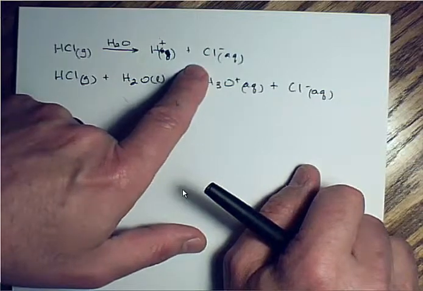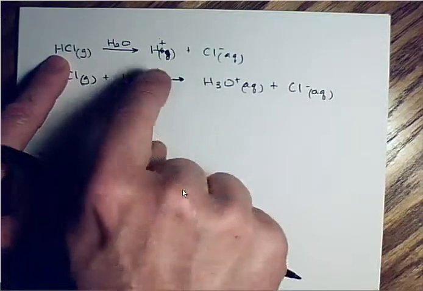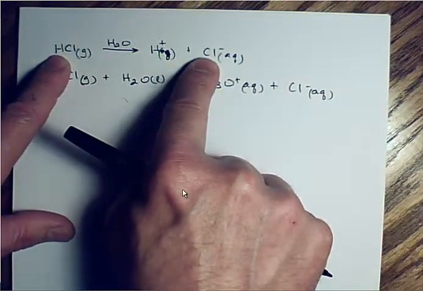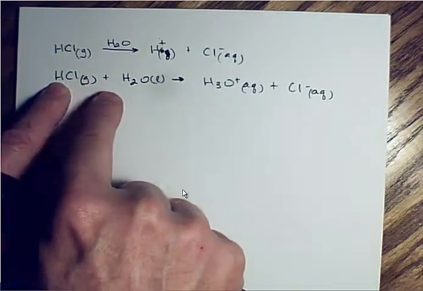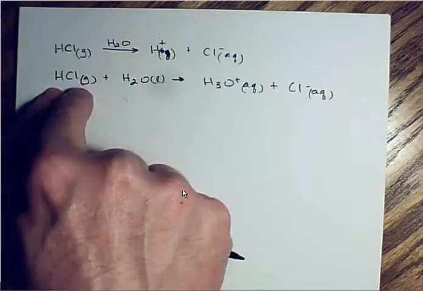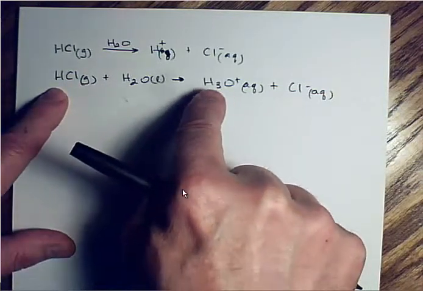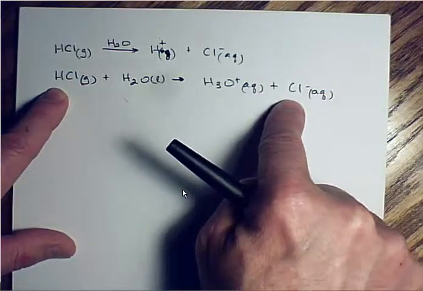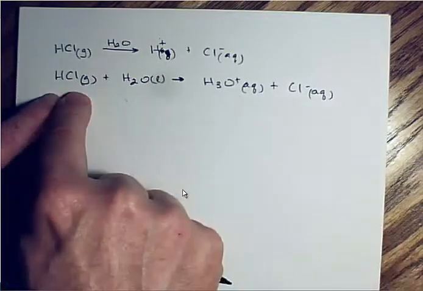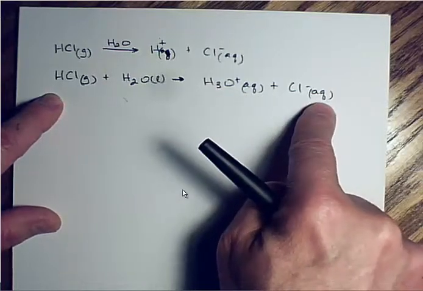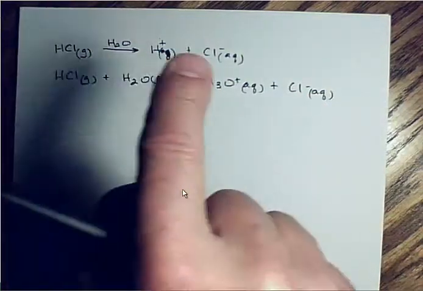One of these sheds that hydrogen ion, it joins up with water, so every time I have one of these, it will become one of these and one of these. You with me? All right. So one of these produces one of these and one of these every time.